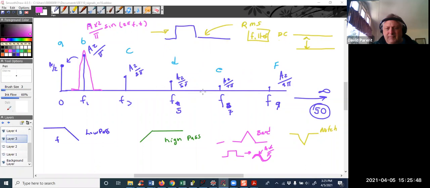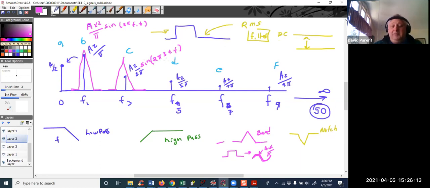So I'm going to put a band around C. Okay. So now I'm getting this. Well, that's just a sine wave at 2 pi 3 f.